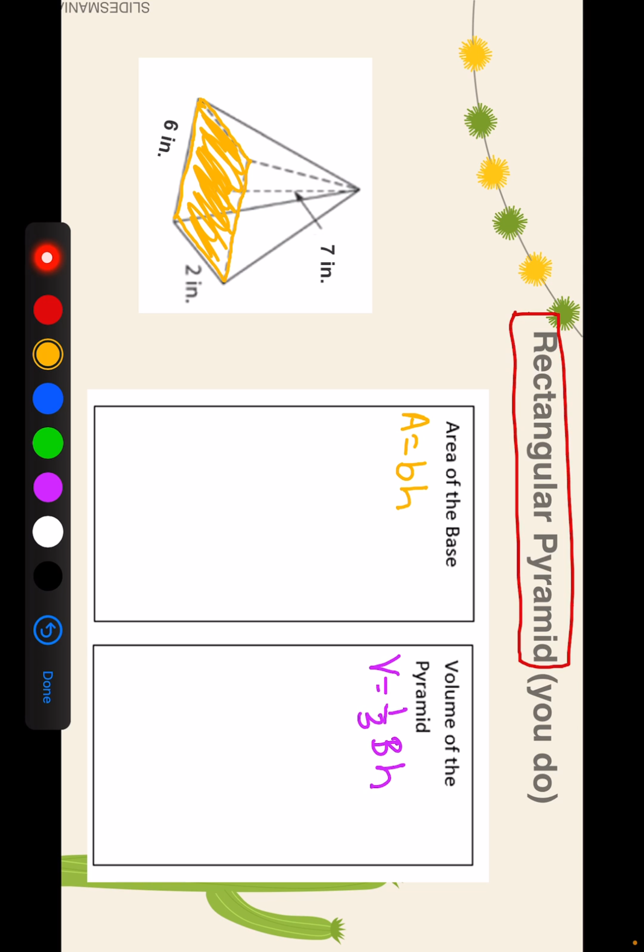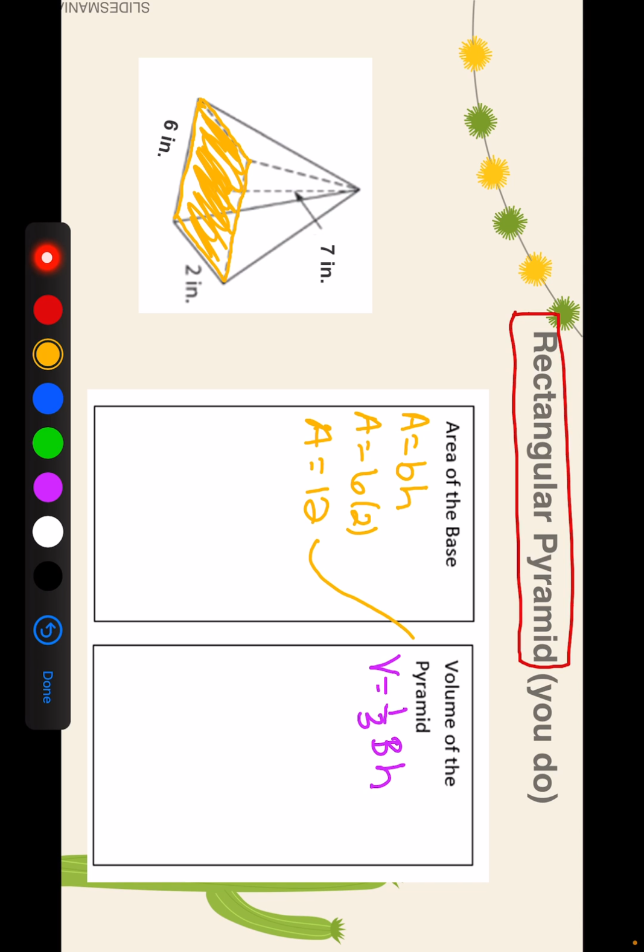Okay, so you should be back from solving this problem on your own. When you solved for area of the base, you had to plug in your base, which is 6, times your height of your base, which is 2. And that should have given you 12.